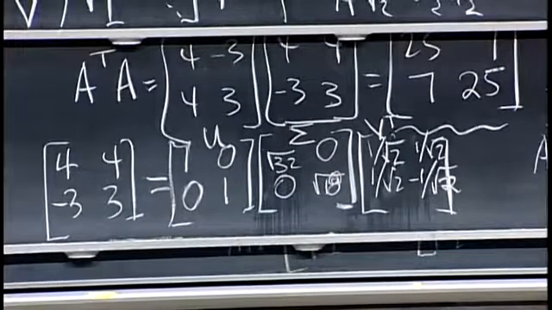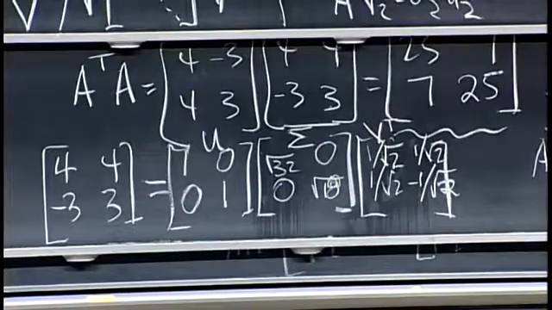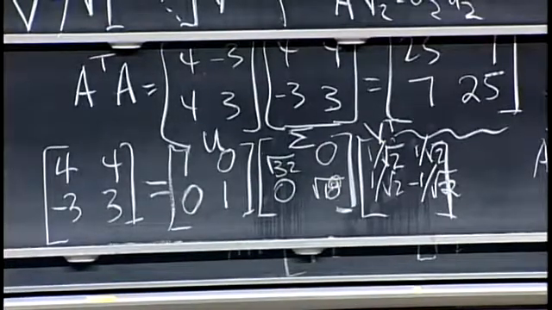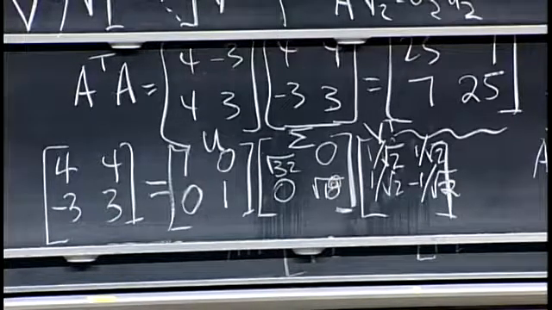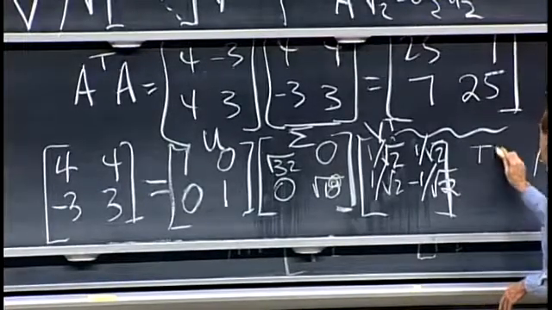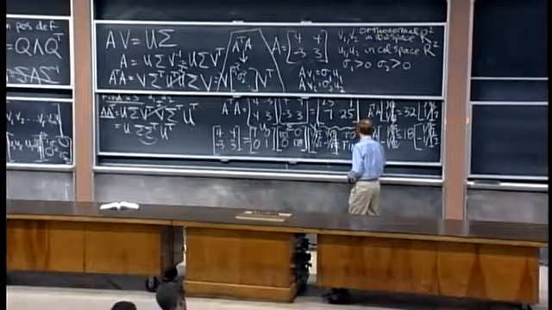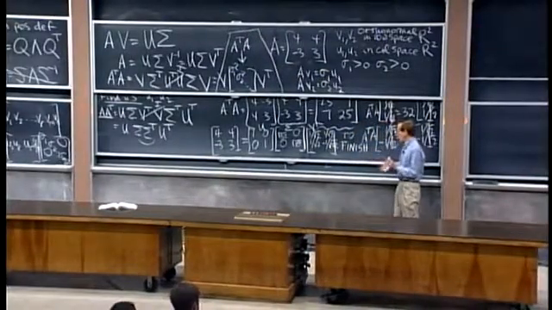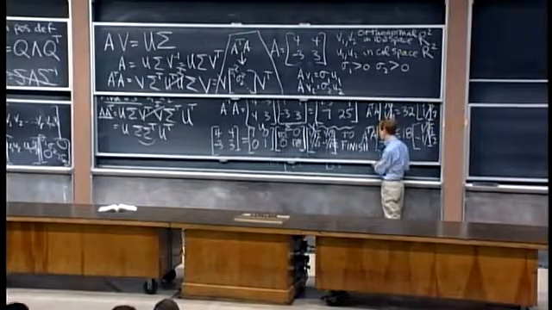I want positive entries down the diagonal of sigma squared. Okay, it'll come to me, but I'm going to leave this example to finish. And the beauty of these sliding boards is I can make that go away.